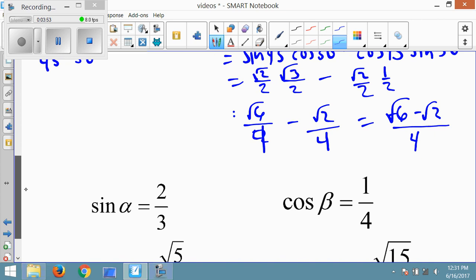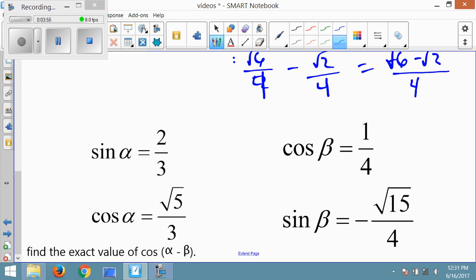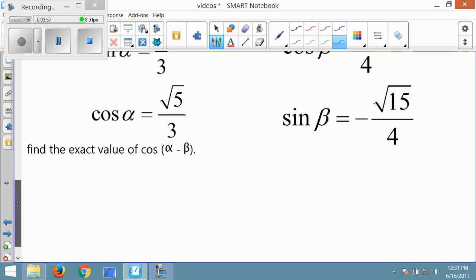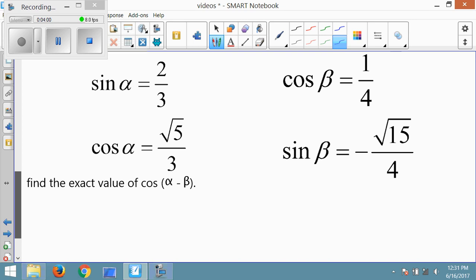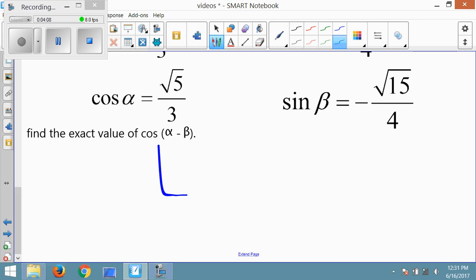Now, maybe you don't know the exact angles, maybe they are given to you, but we're going to go with the fact that we know specific angles. We know what their sine and their cosine are. And we want to find what the cosine of alpha minus beta is.